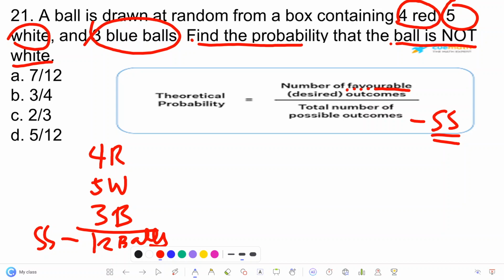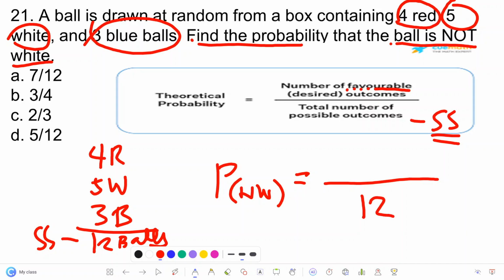So, ito ang probability mo. Probability that the ball is not white is equal to, ano nga sabi, ang sample space natin is 12. Ngayon, ano ang gusto mong makuha? Ano ba ang favorable or desired outcomes? Ang sabi mo dito sa question, that the ball is not white. So, alin sa mga bolang ito ang hindi white?